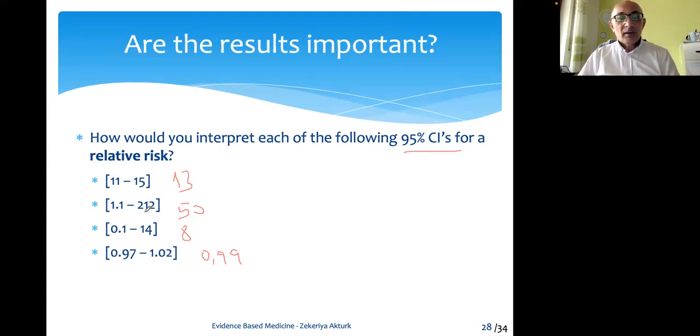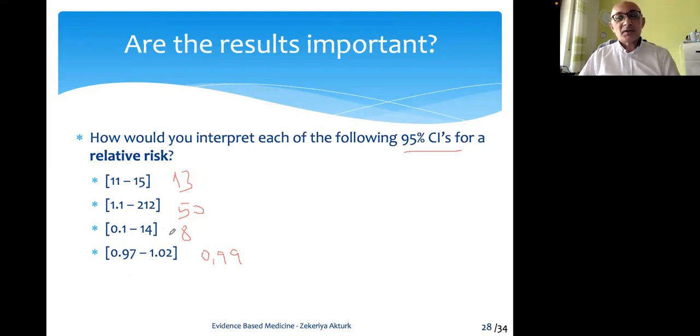Between 1 and 200, obviously it is very large. But also here, in the third example, we have a considerably large confidence interval. And in the last example, we have a very narrow confidence interval.